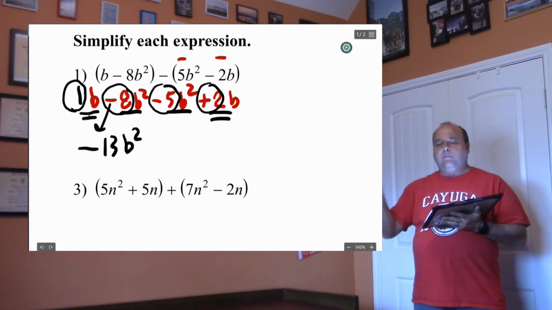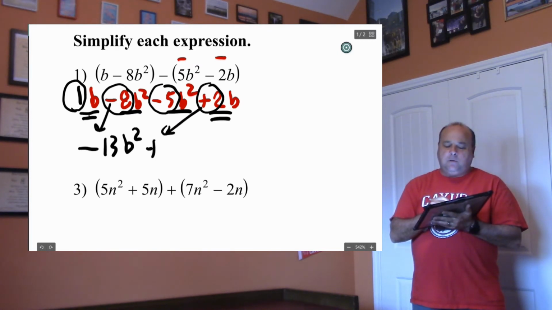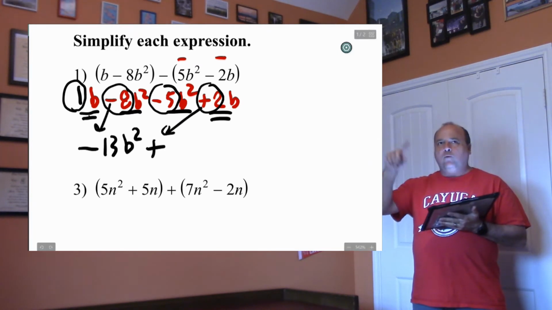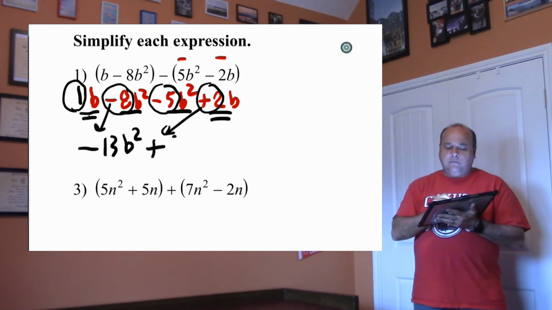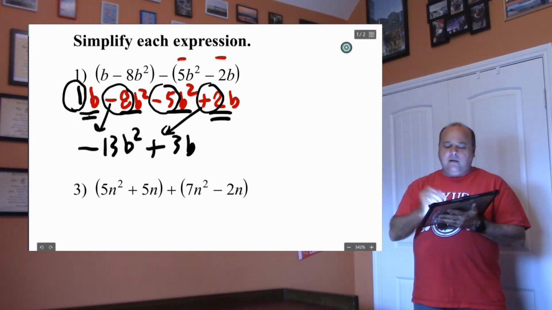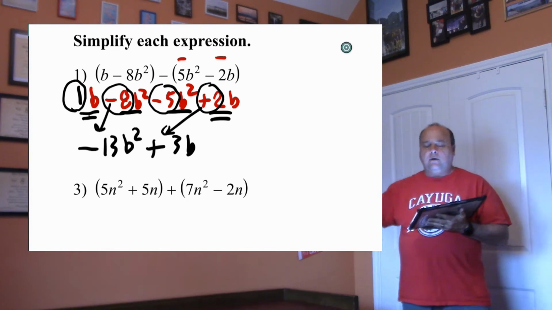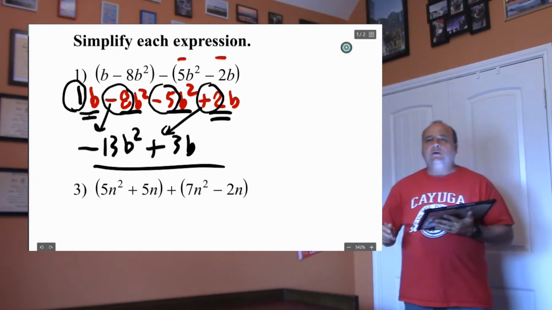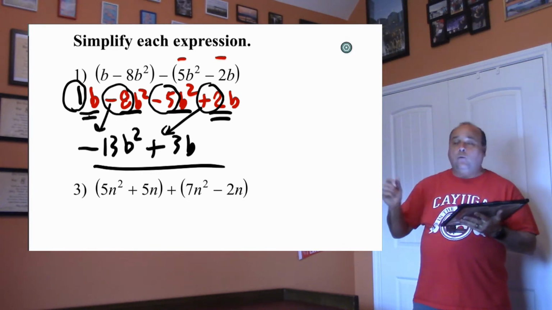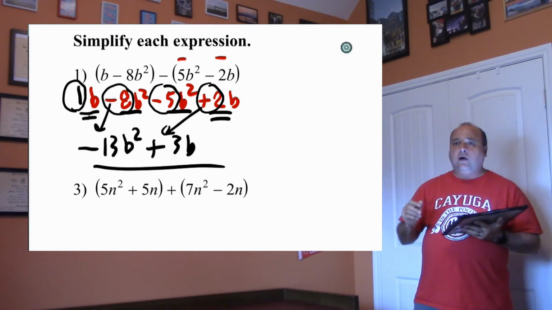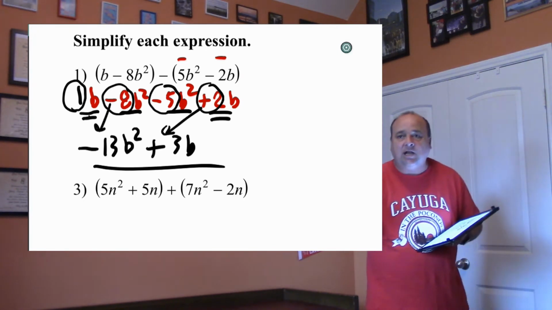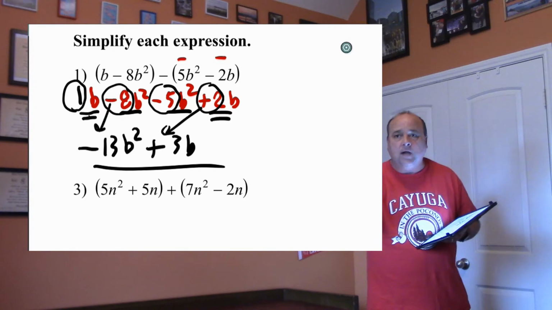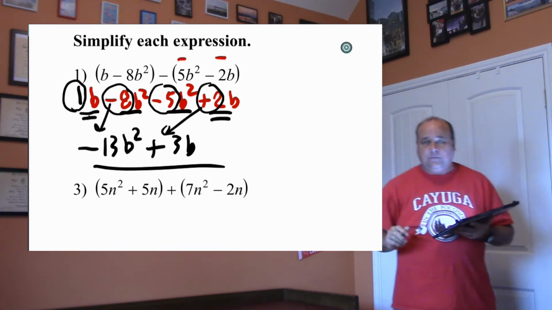You got more 2s, so the sign is going to be plus. You're going to add 1 and 2 because the signs are the same, and your letter is b. Sign, number, letter. This right here would be my answer. All I did is combine 8 and 5 and 1 and 2. This is not a hard lesson. You do not change the exponents.